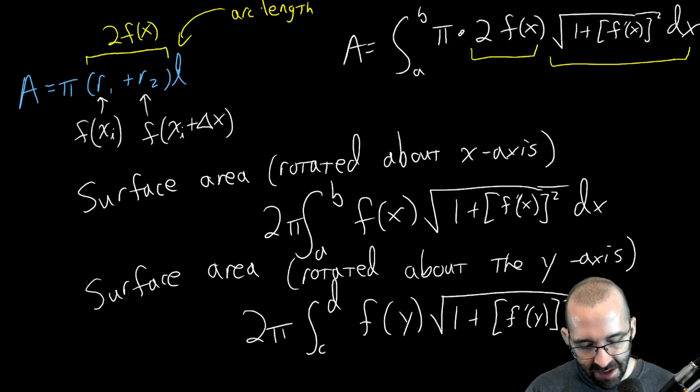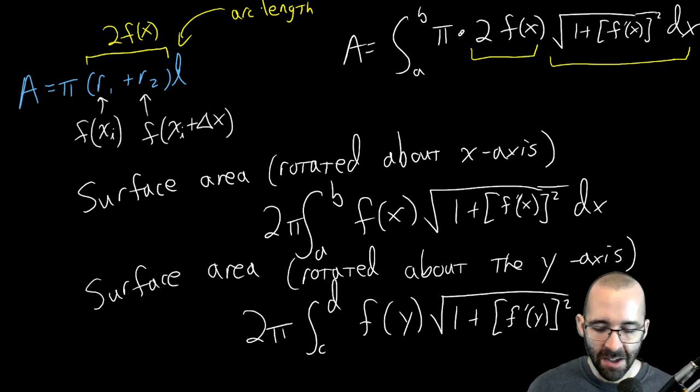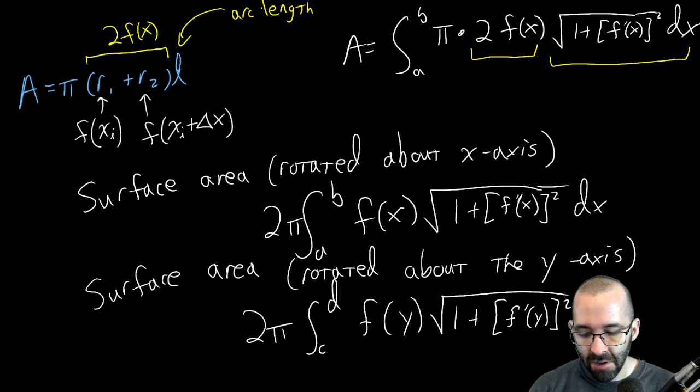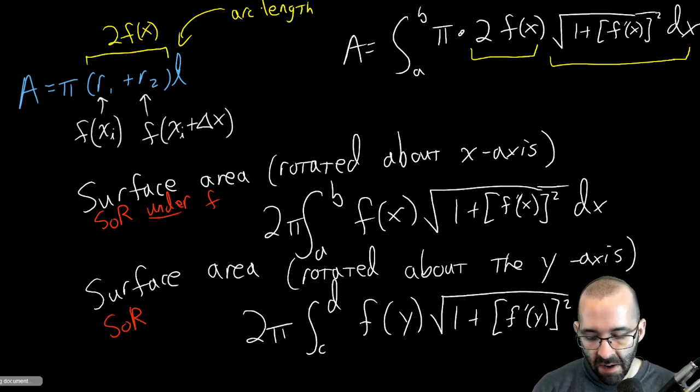Choosing y's instead, it's the same formula. The important thing is that the first is the surface of a solid of revolution under f, and the second one is a solid of revolution to the left of f.